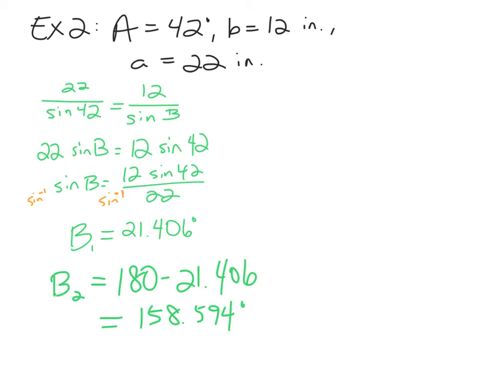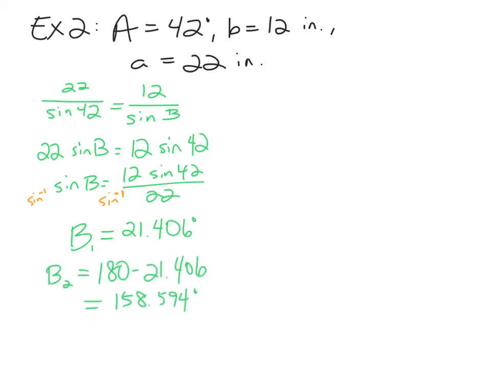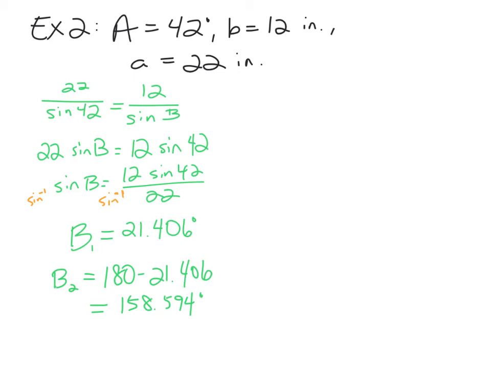And the problem with that, and the reason that there's not a second triangle here, is because if I take this value that I just found and add it to the 42 degrees that I have right there, I'm going to exceed 180 degrees. Since that's more than 180 degrees, this cannot make a triangle. So that part's out. So, good news, we don't have a second triangle to find.